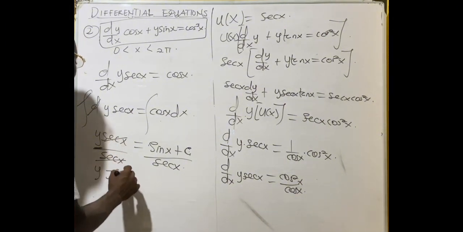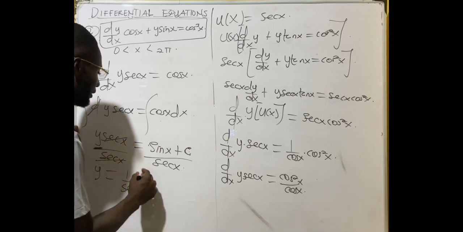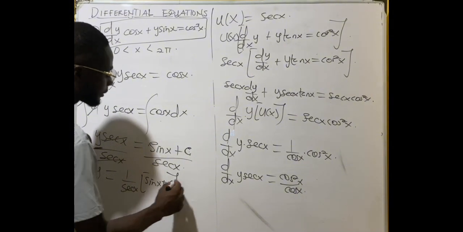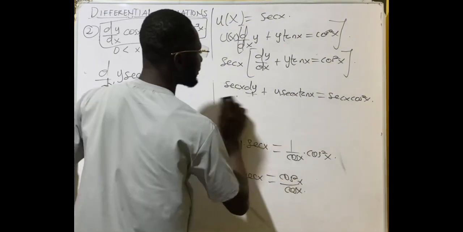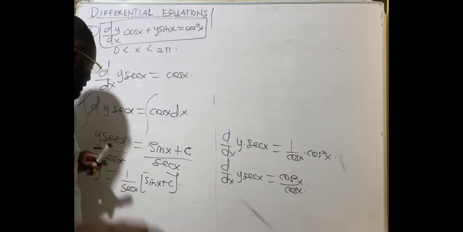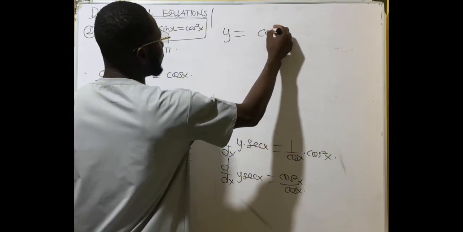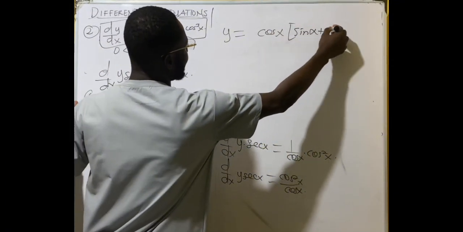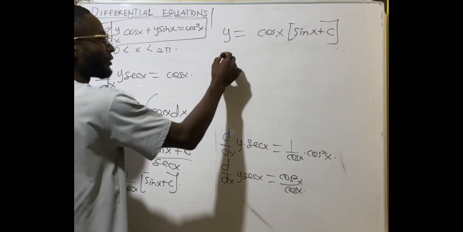So we're going to have 1 over sec x into sine x plus c, right? So this is telling us that we have y to be equal to cos x into sine x plus c. All right, so this is our general solution.